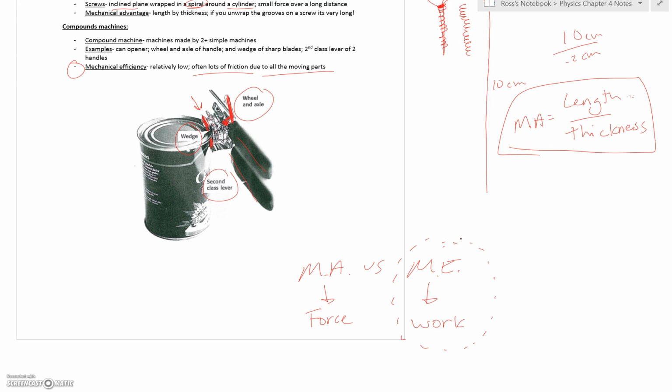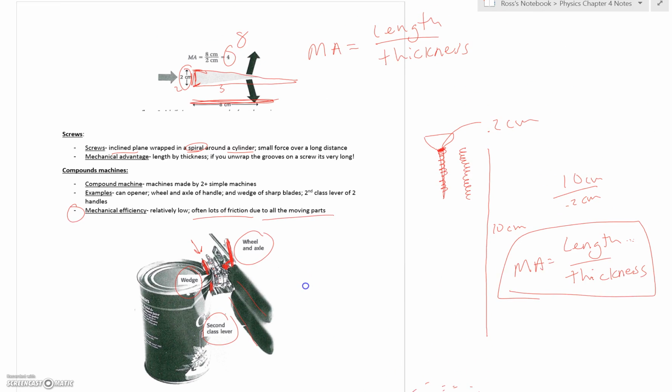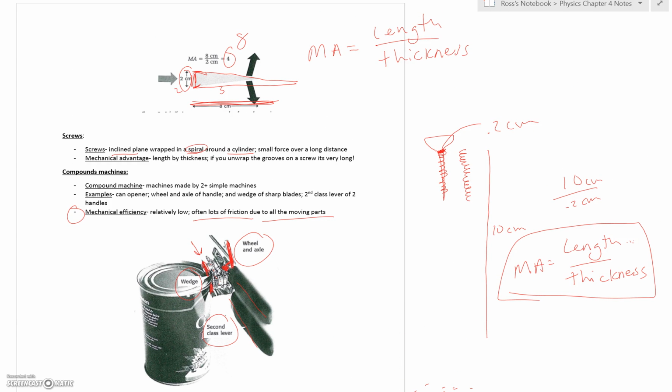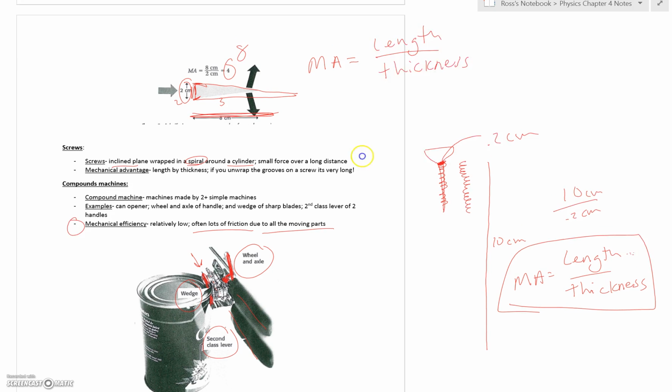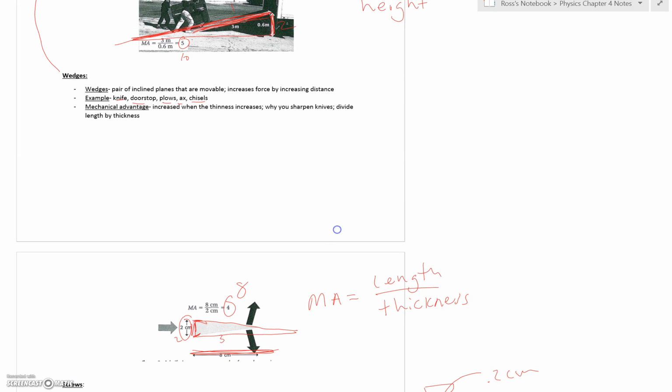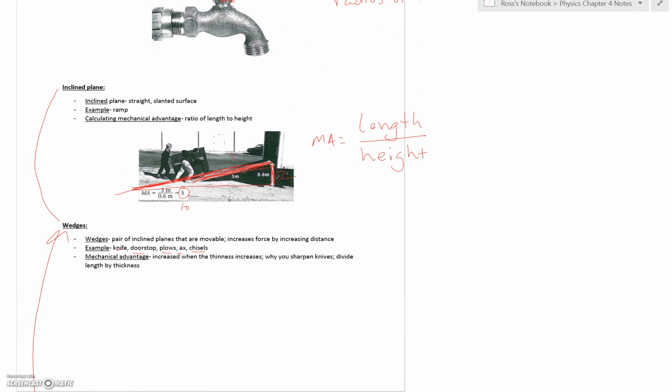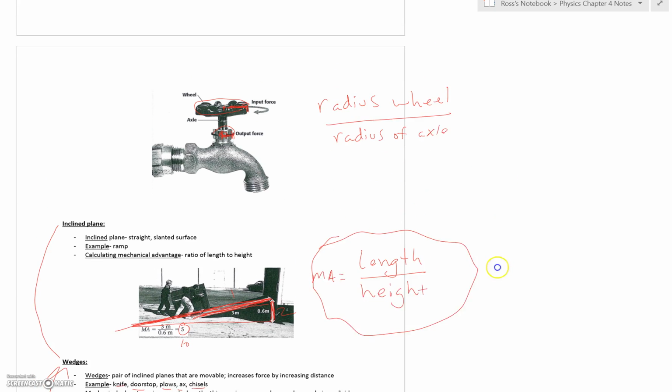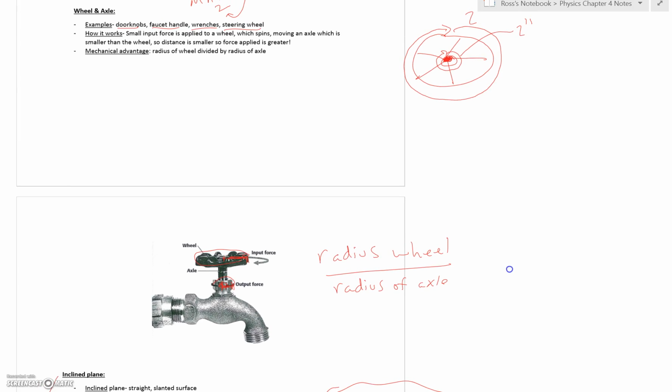So to wrap up 4.3, we've gone through compound machines, which is just a combination of the other 6 machines. So we've got screws, wedges, and I'm actually going to combine this up here: screws, wedges, and inclined planes, which are all very similar and work in this same fashion. We've got a wheel and axle.